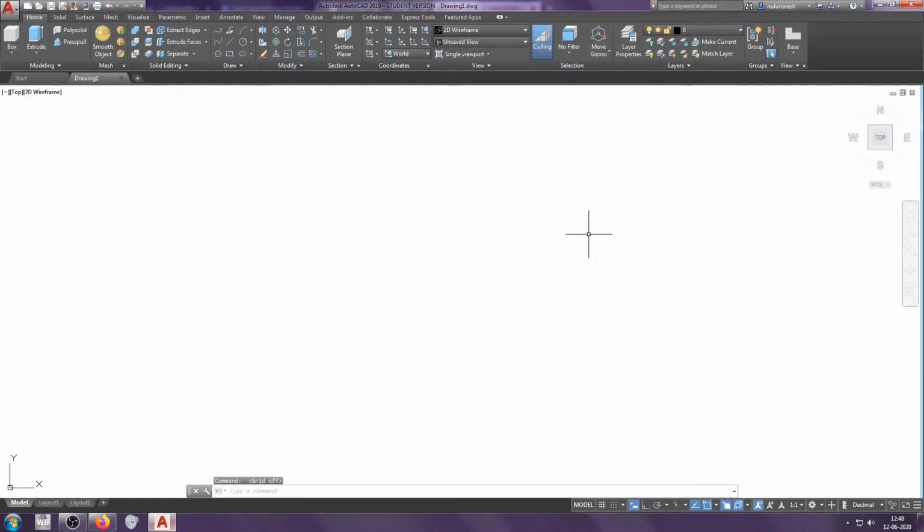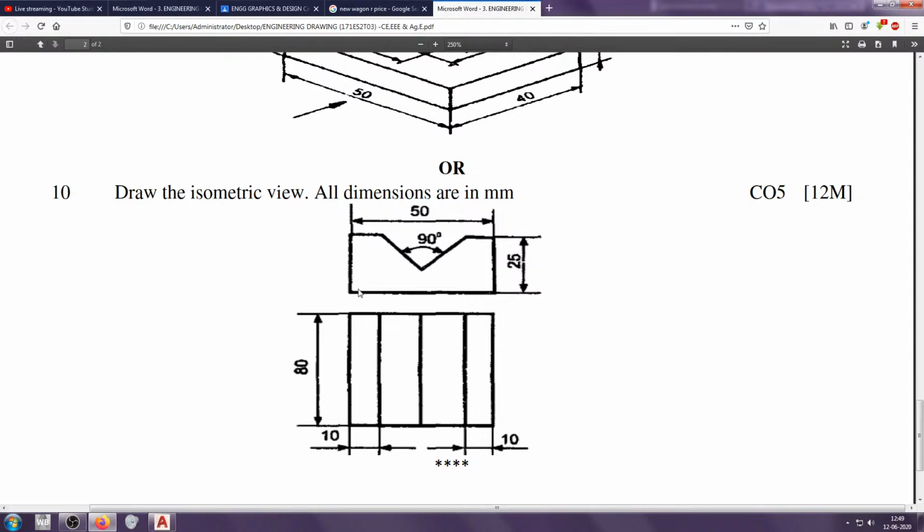So how do we actually convert them into the isometric view? Even if it is your drawing sheet, first draw a line. Right. I'm gonna zoom in as much as possible. Draw a horizontal line first. After that, the perpendicular lines have to be marked at 30 degrees of inclination with respect to the horizontal plane.